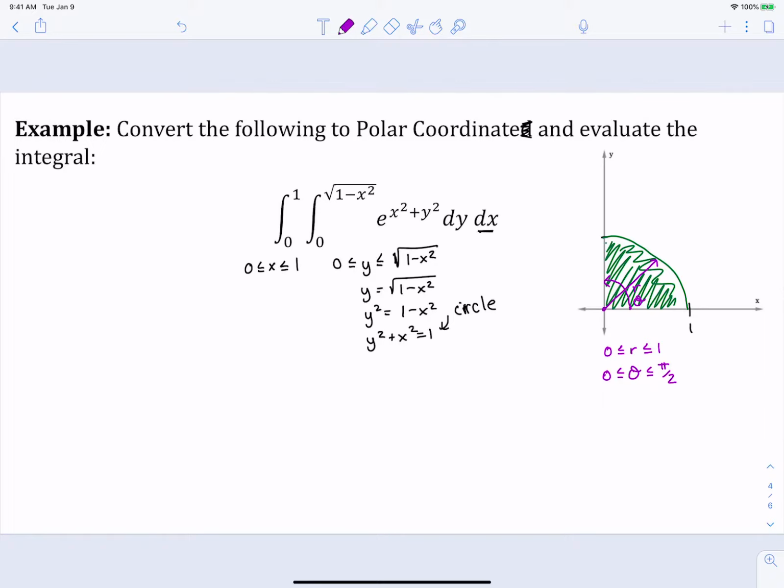So those are going to be our limits of integration. Already those look better. They're numbers, because this thing sure is ugly as a limit of integration. So that changes our limits of integration. We're going to go 0 to pi over 2, 0 to 1. And again, we usually integrate with respect to r first and theta second. It really doesn't matter. You can switch those if you want, but we usually do r first.